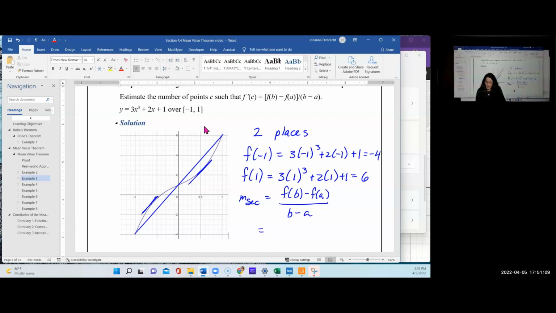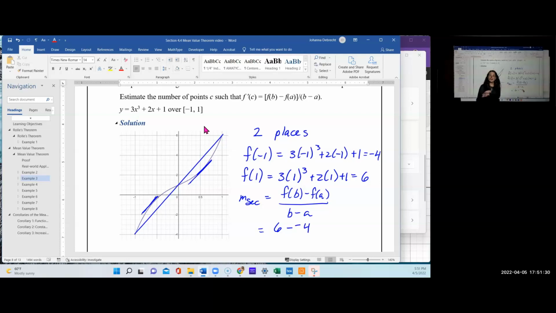So my value for f of b, the value at the right endpoint, is going to be 6. And the value of the function at the left endpoint is going to be -4. And that corresponds to what I can see in my picture.